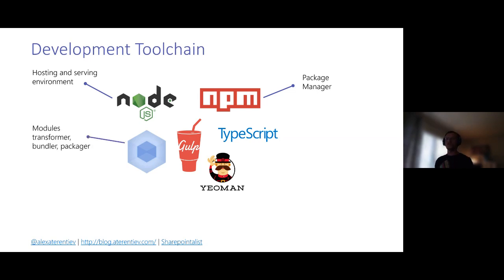Webpack is a modules transformer, bundler, and packager. It collects all your TypeScript files, CSS files from your project, compile them, bundle them into chunks that will be loaded to the page later on. Gulp is an extendable task runner. It allows you to create custom tasks and build different routines made of these tasks.